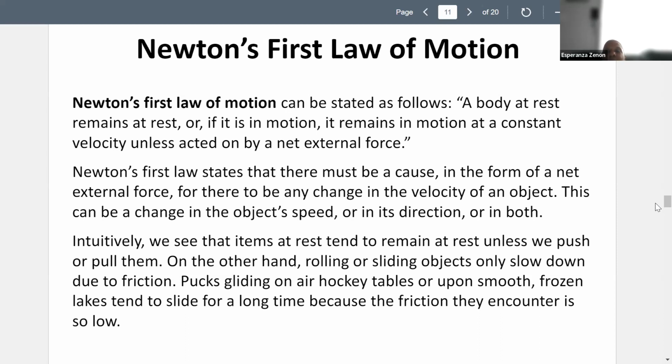If I want to accelerate an object, I must have an unbalanced force acting on that object. Okay. And that's what it means when we say change the object's speed, direction, or both, right? If we change speed, or we change direction, or we change both, we're changing the velocity.